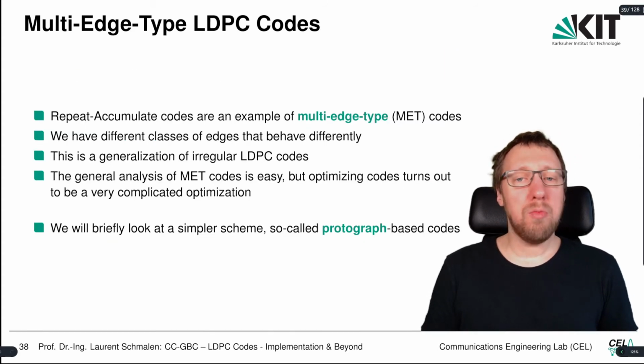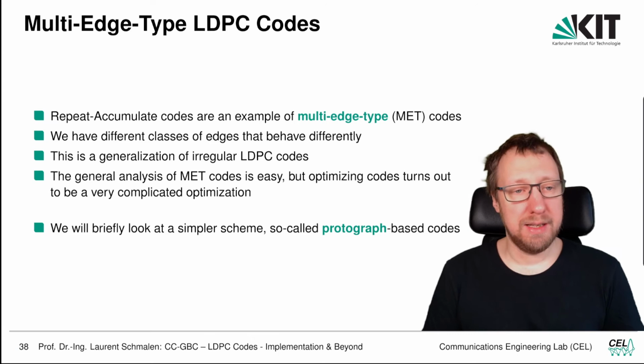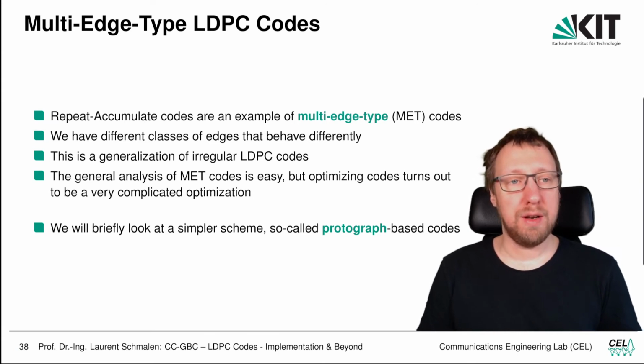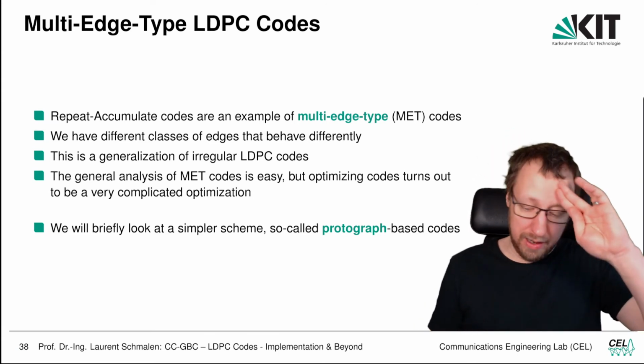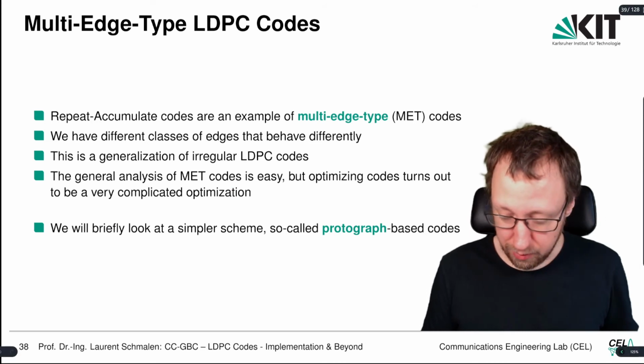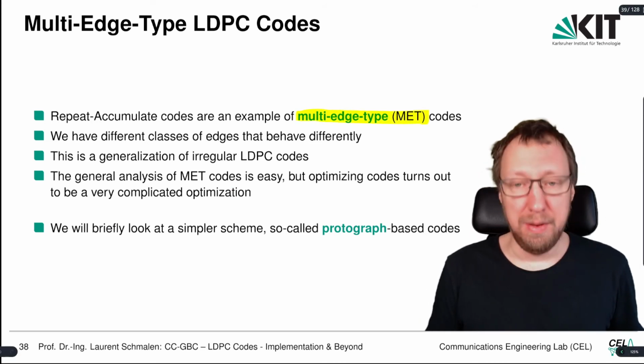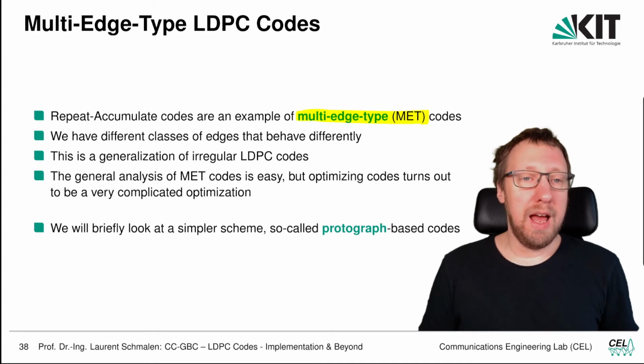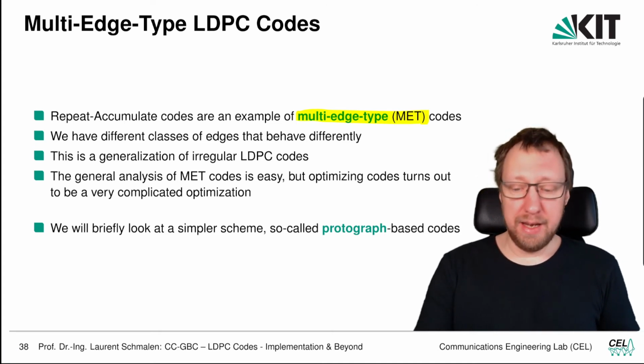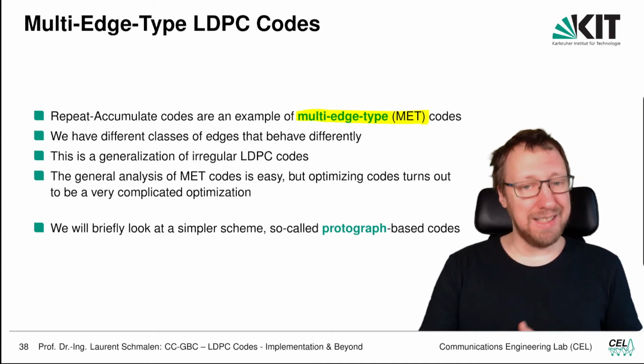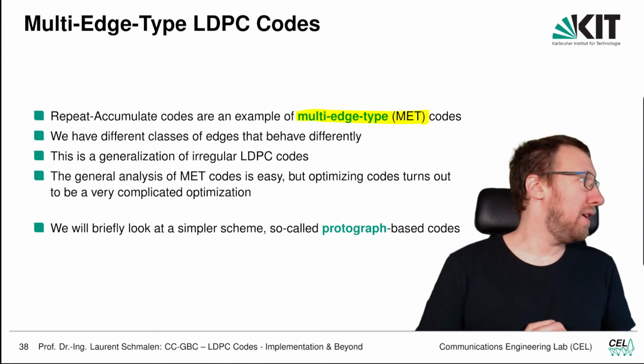Okay, so we can generalize this repeat accumulate construction, and the general way of describing these codes is so-called multi-edge type or MET codes. What we have seen here is that we have different classes of edges that actually behave differently.